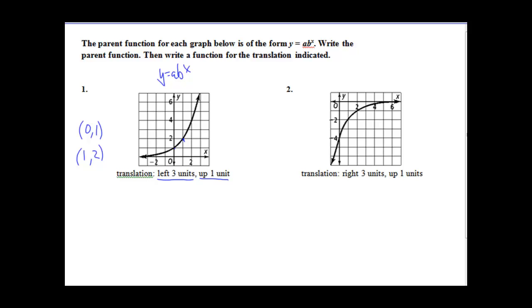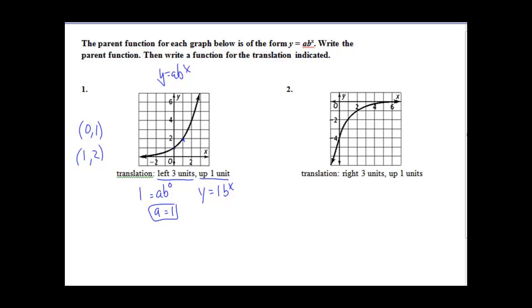So plug in the y-intercept first. We have 1 for y, a, b to the 0. B to the 0 is 1, so we know that a equals 1. Now replug back into the equation. Now we have y equals 1 times b to the x. The only last thing that we need is to find the b, or the multiplier.